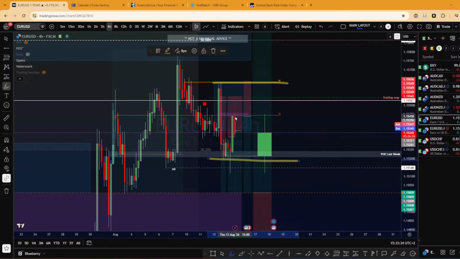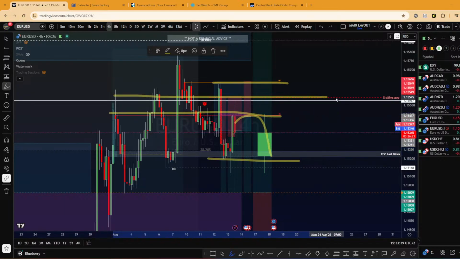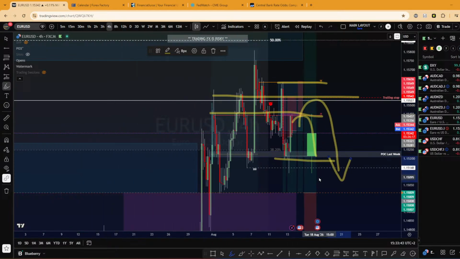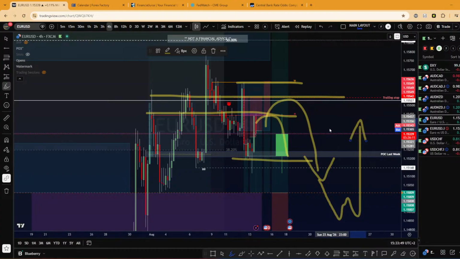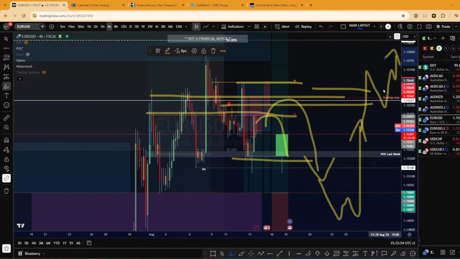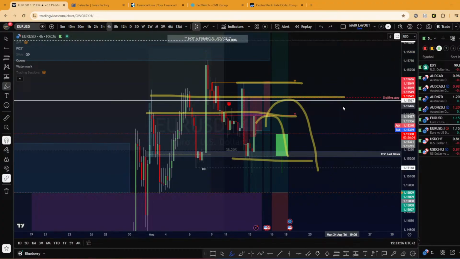But as I explained, I found a lot of resistance right there. So technically it would be logical that price drops a little bit lower and then pushes after to break this level later. This is a possibility.